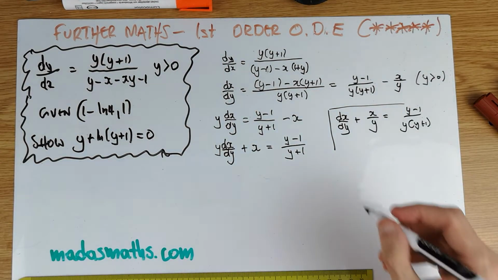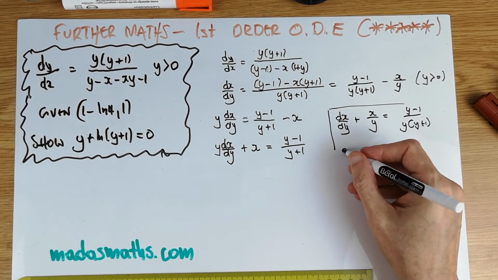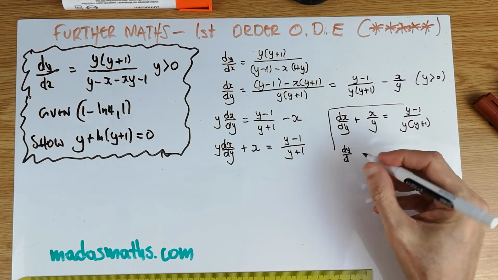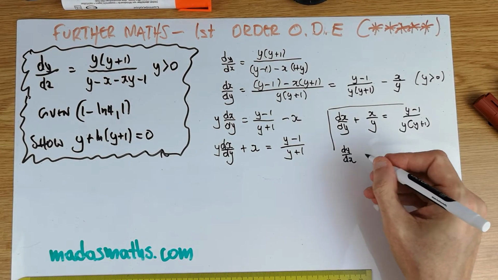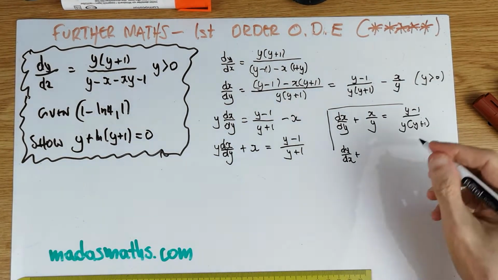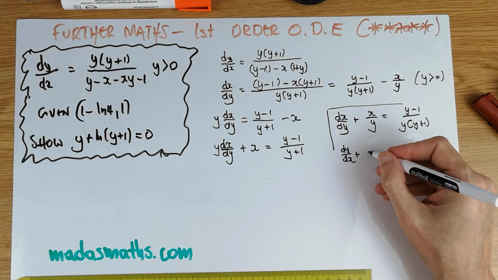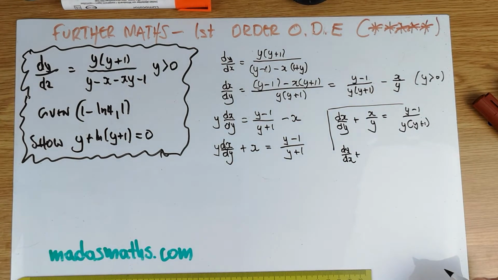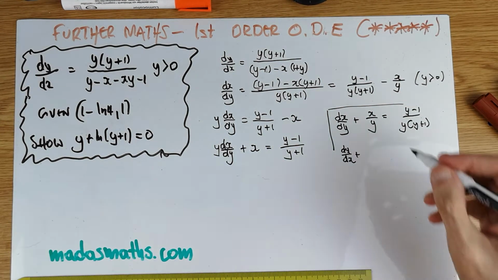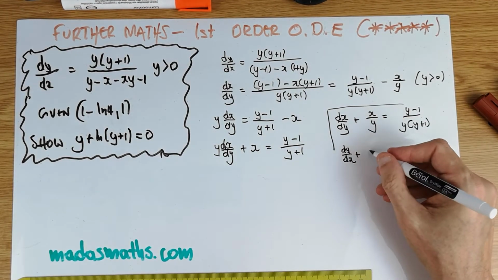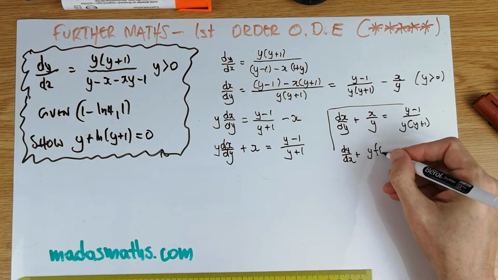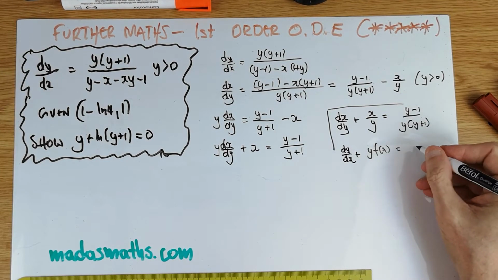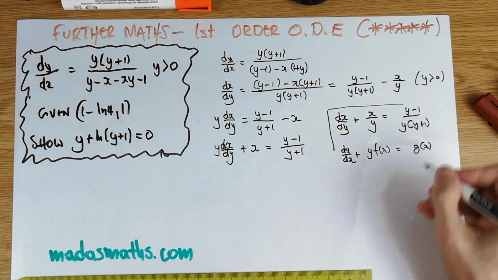Now the standard first order differential equation, the one with the integrating factors, is dy by dx plus, in this particular case, we will have a y f of x is equal to a g of x.